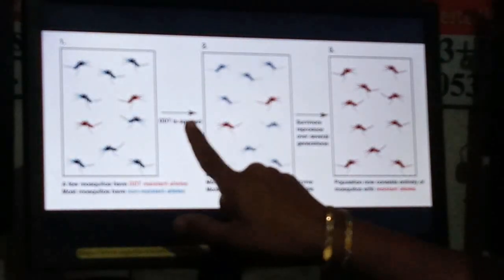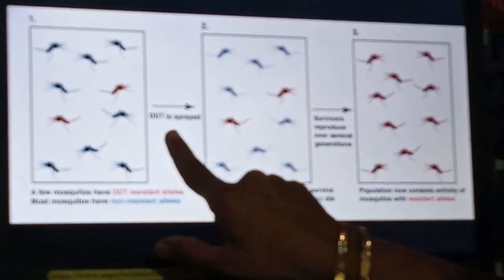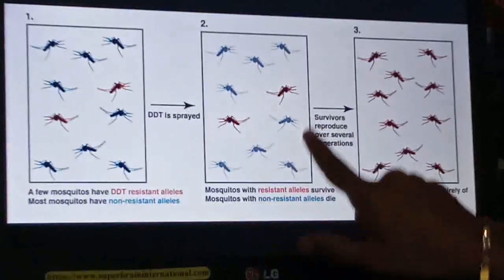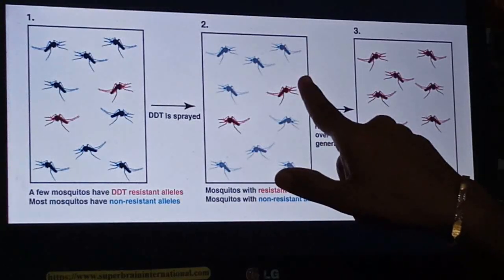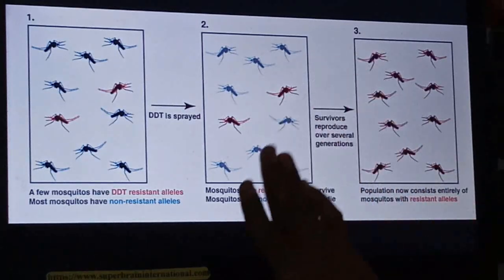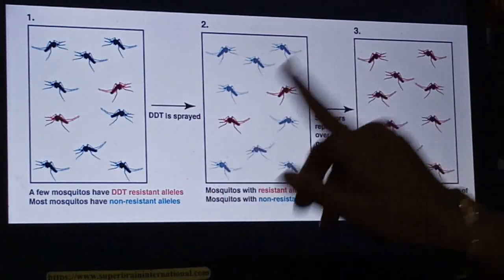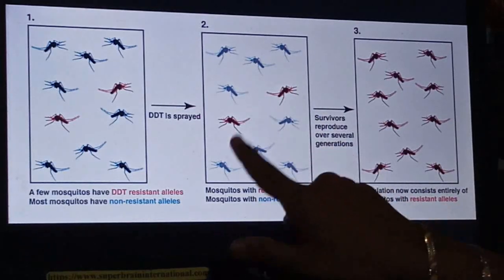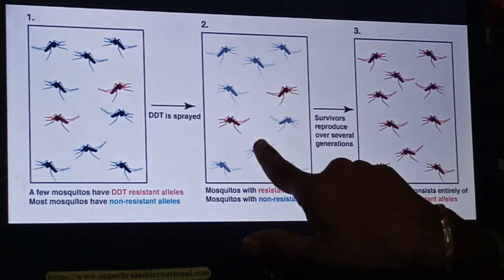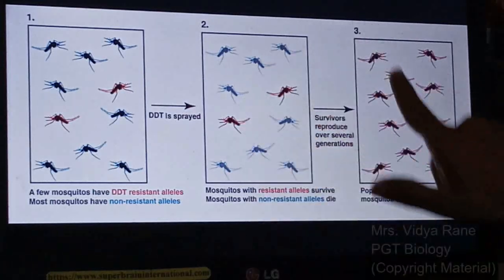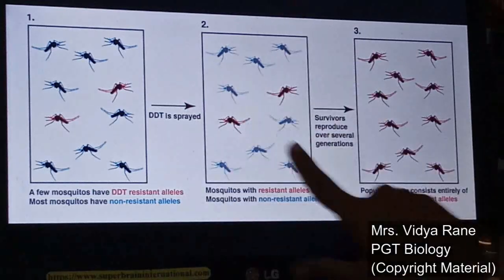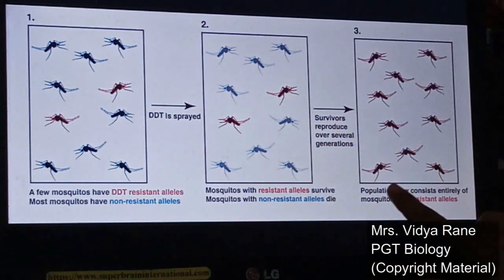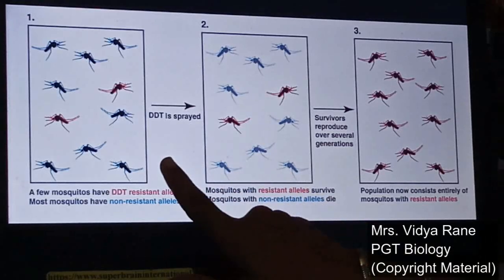Whenever we spread DDT on them, because of this DDT spray, most of the mosquitoes die, and only the red colored mosquito species survives. It means they have the capacity to overcome the DDT chemical, and they produce progeny which is resistant to DDT. So here a new species has evolved which is resistant to DDT.